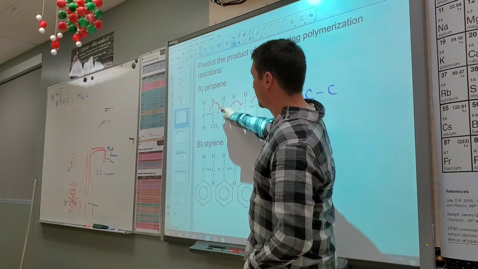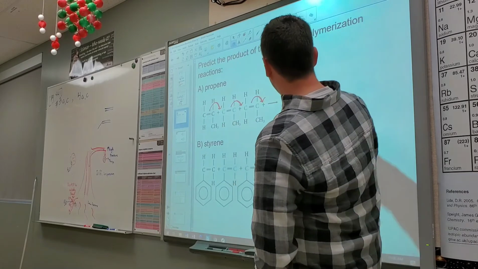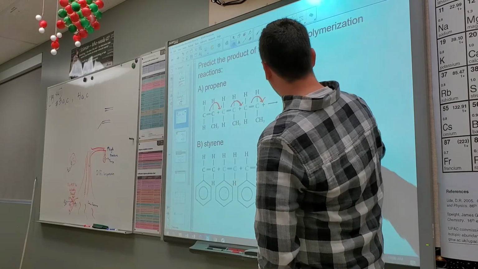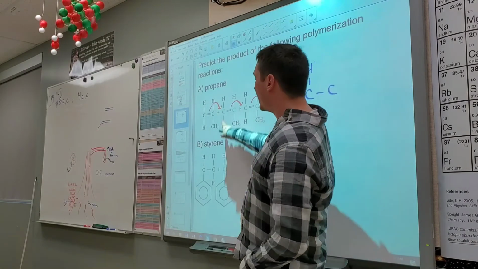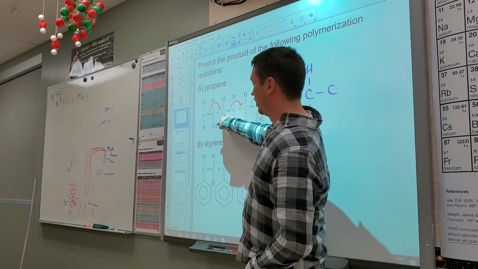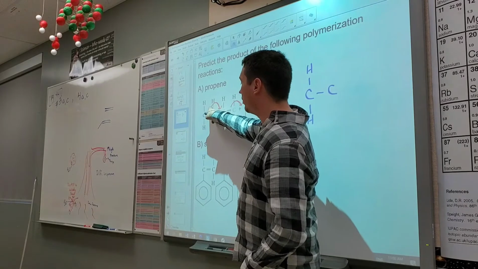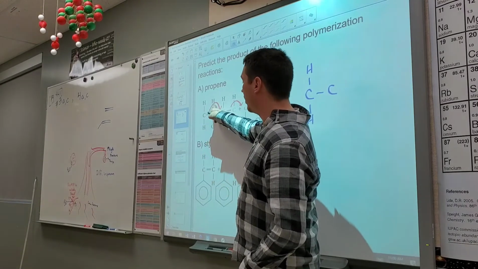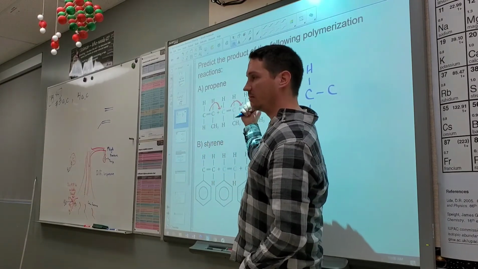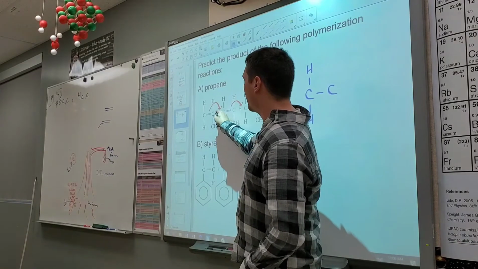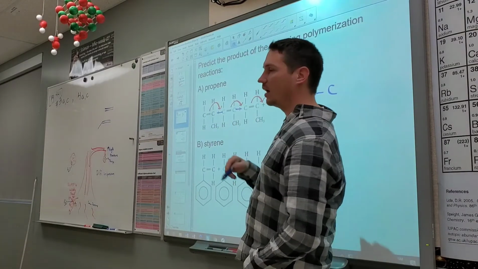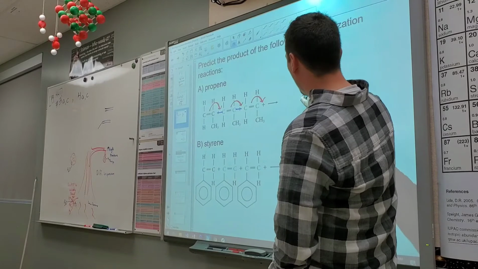What's attached to the first carbon? 2 hydrogens. And what else is attached to that first carbon? The other carbon. Because that double bond is what kicks out that other double bond. So we now have a bond coming in and a bond coming out there. So we've got a bond coming in.